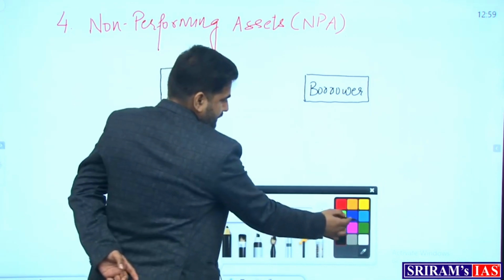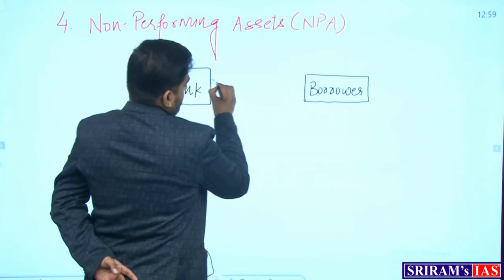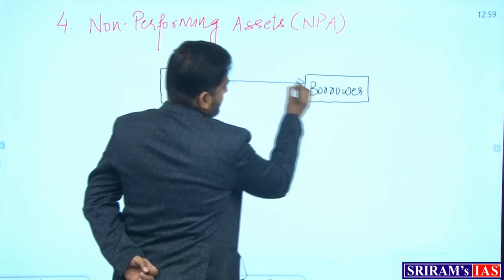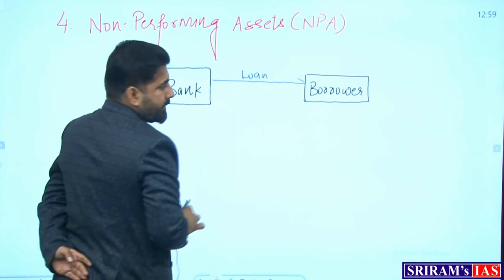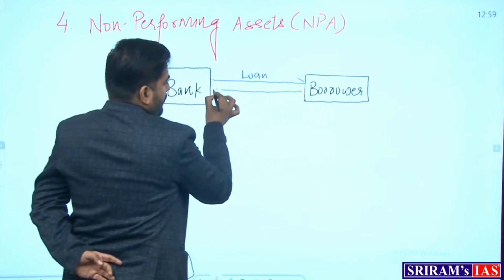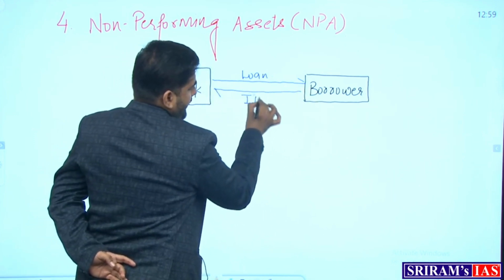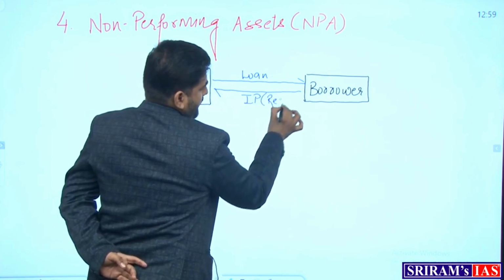The bank gives a loan to the borrower, and the borrower is supposed to pay recurring interest payments. Yes or no?